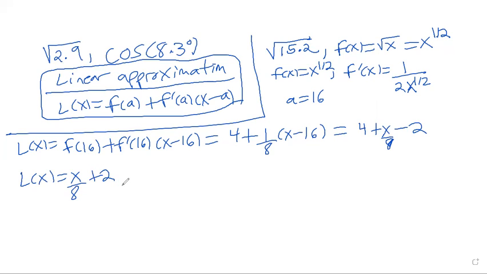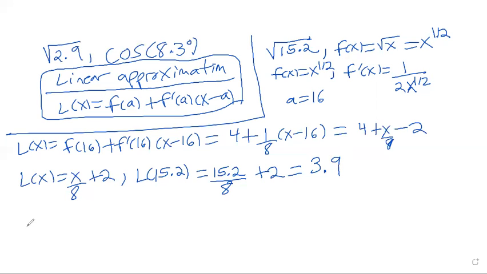So now, if I want to figure out the linear approximation of the square root of 15.2, I plug in 15.2 for x. So it equals 15.2 over 8 plus 2, which, if you do the calculation by hand or calculator, 15.2 divided by 8, and then add 2, is just going to give you 3.9. Now, let's see how close this actually is.